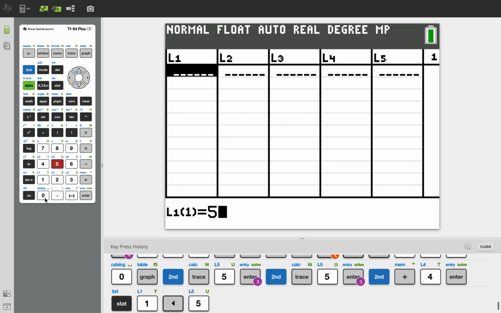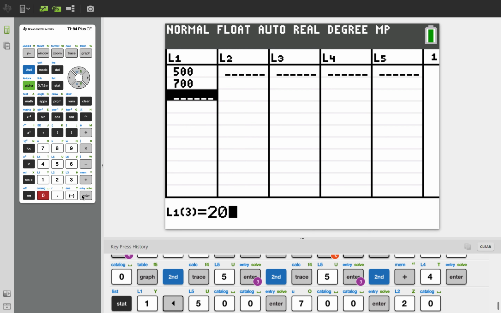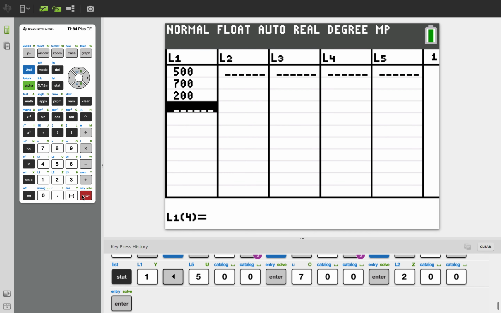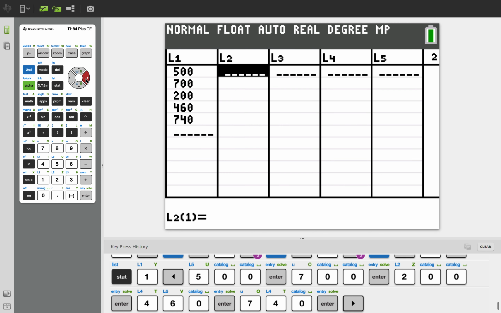We need to enter the number of t-shirts into your L1. So that's the number of shirts. And then your L2 will be the cost of the t-shirt, which depends on how many t-shirts you buy.